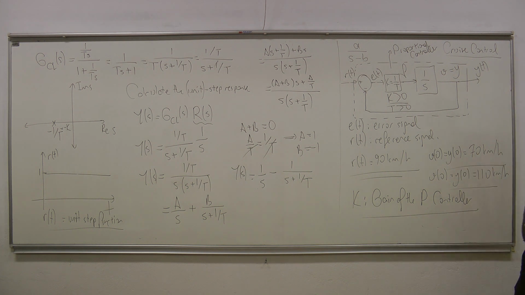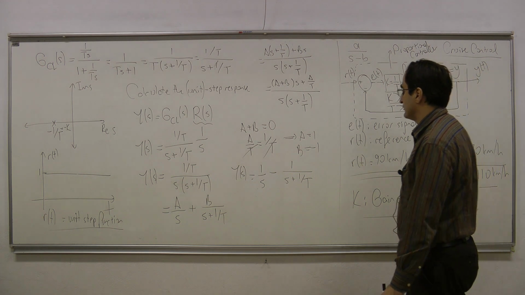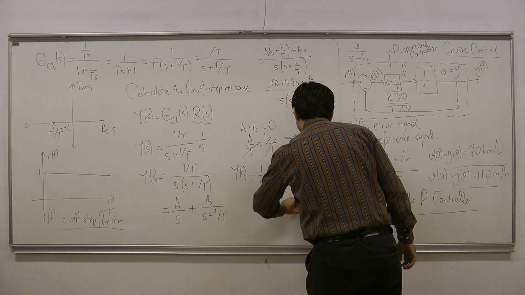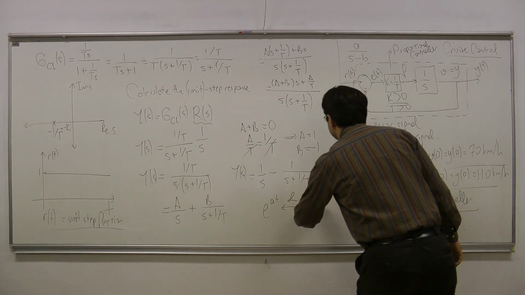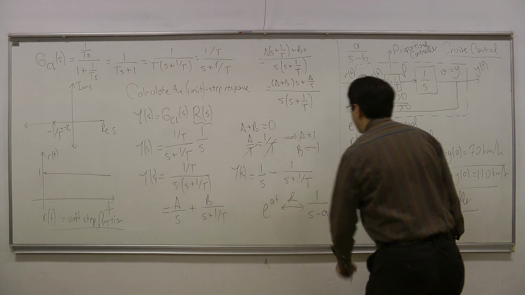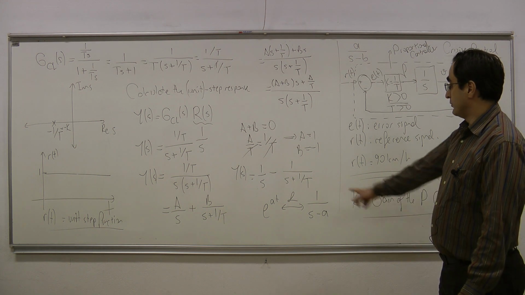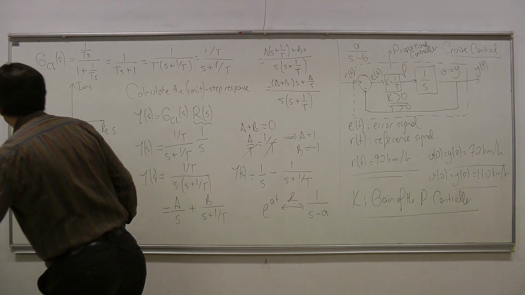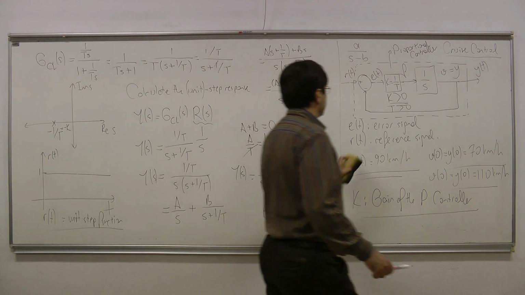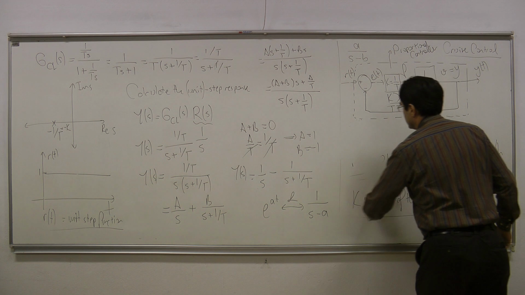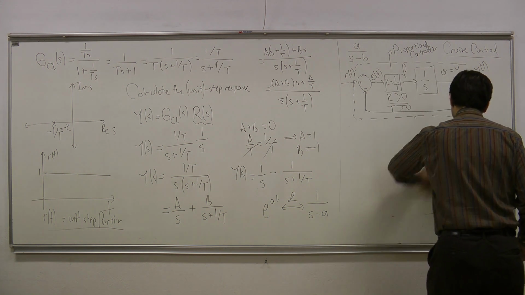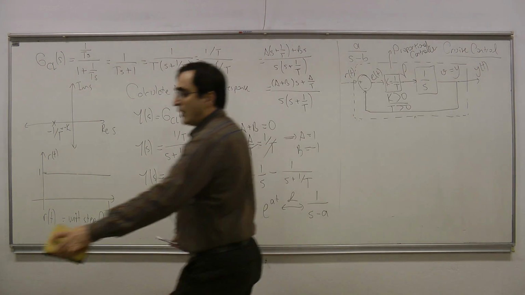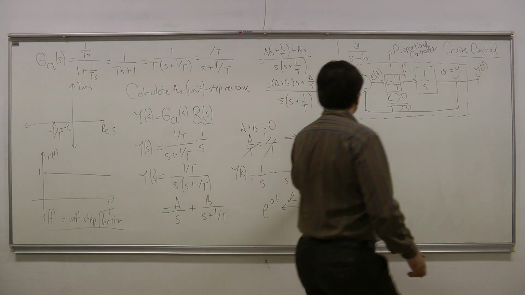So now I have to take the inverse Laplace transformation of this function. And remember, e to the at had the Laplace transformation 1 over s minus a. Okay? So we need to remember such a Laplace transformation in order to be able to take the inverse Laplace transformation here. So now let us write our output, the unit step response.